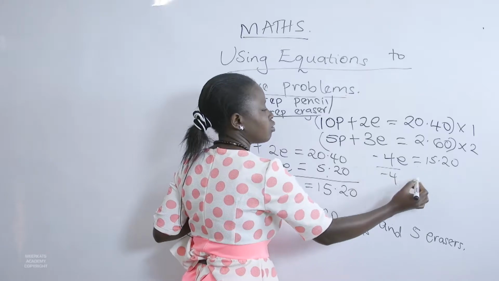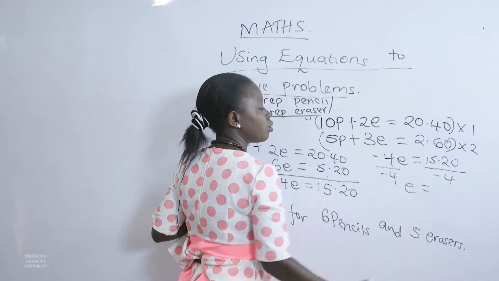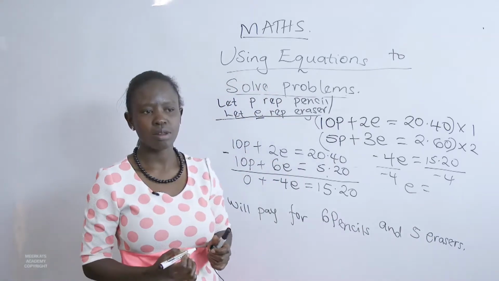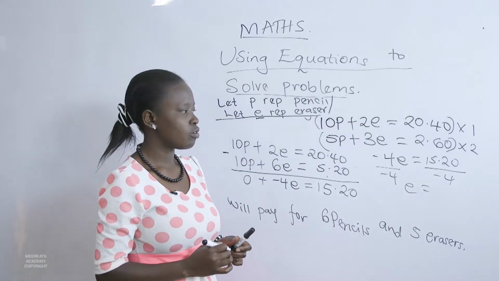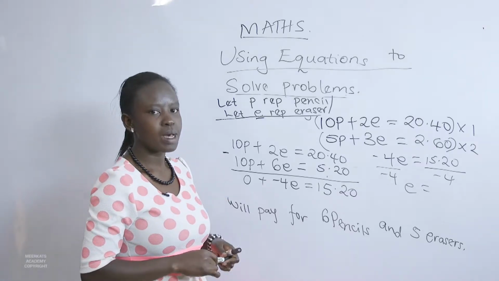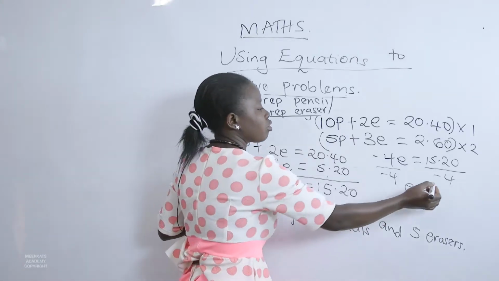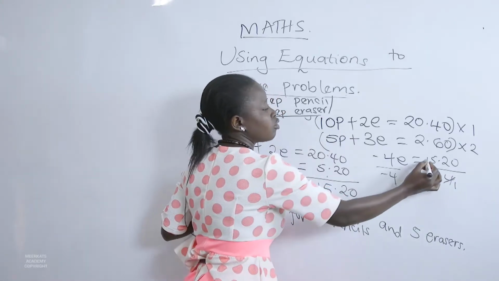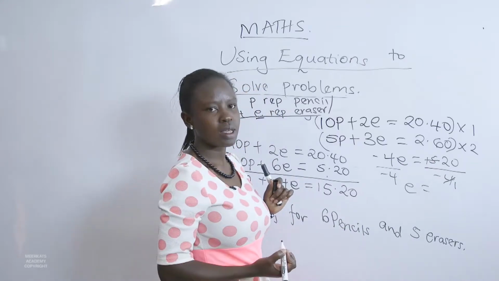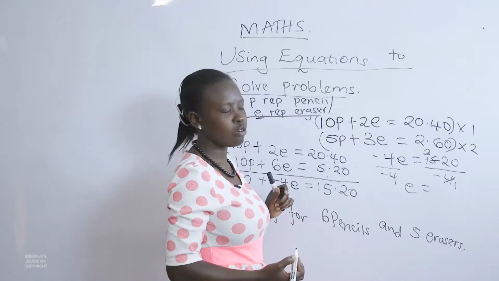For me to get the value of e, we simply divide both sides by negative 4. So dividing 15.20 by negative 4: 4 into 4 is once, 4 into 15 is 3 because of 12.